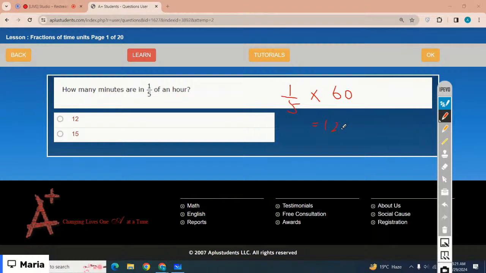So 60 divided by 5 is 12, so that means there are 12 minutes in 1/5 of an hour. Got it? The correct option is 12 minutes. Sorry, 12, not 15. The correct option is option number 1.